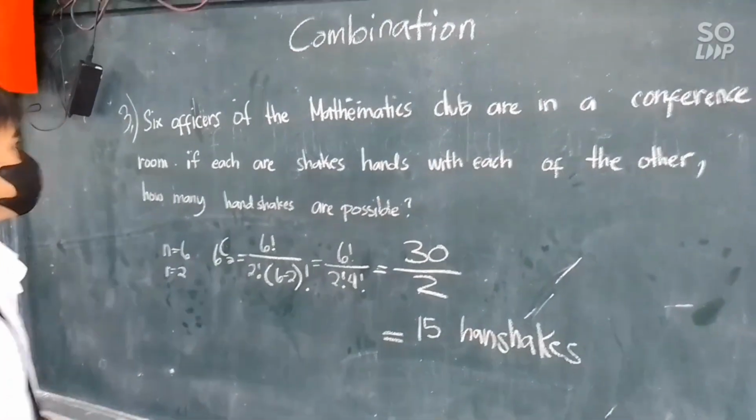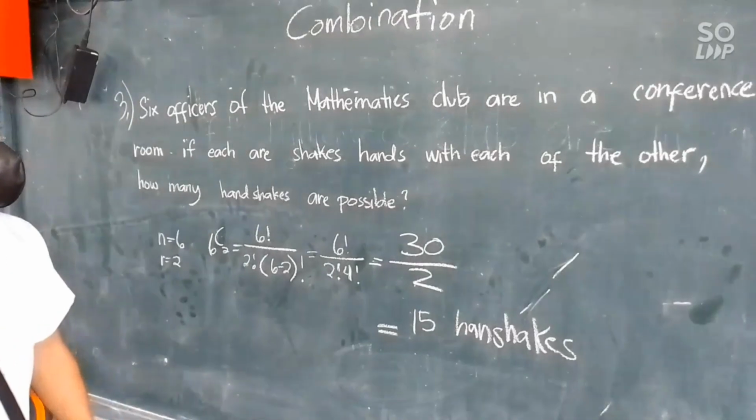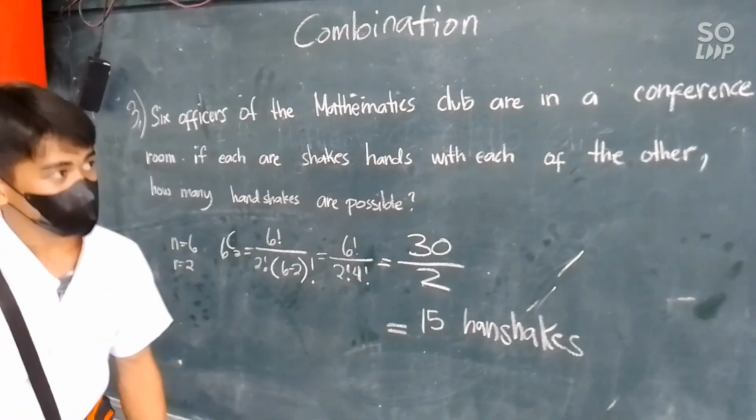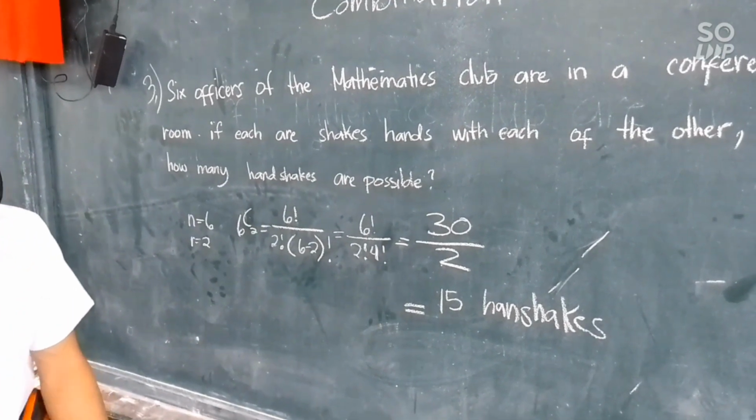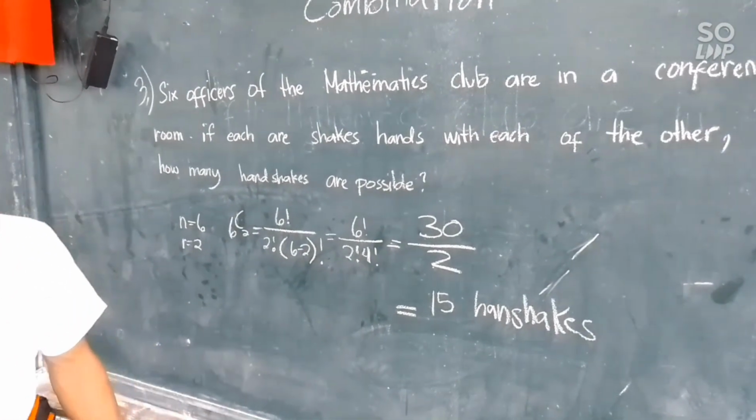Third example of combination. 6 officers of the mathematics class are in a conference room. Each shakes hands with each of the others.